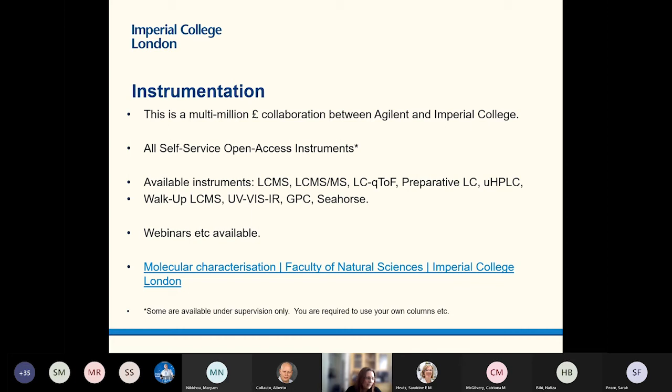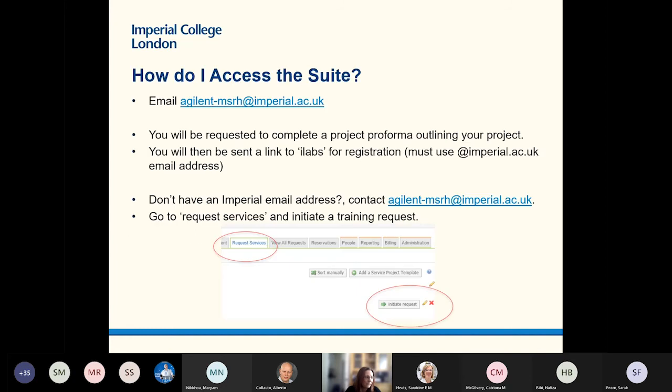And again, if you go to the web page, you'll be able to see exactly what instruments are available. And on the Agilent Measurement Suite webpage, they also do a number of webinars, tutorials and workshops that you can work through as well if you wanted to do that yourself.